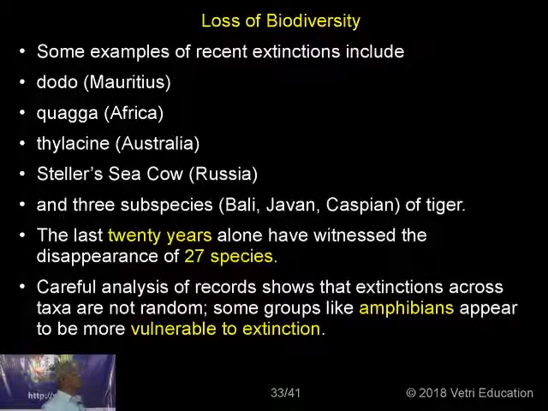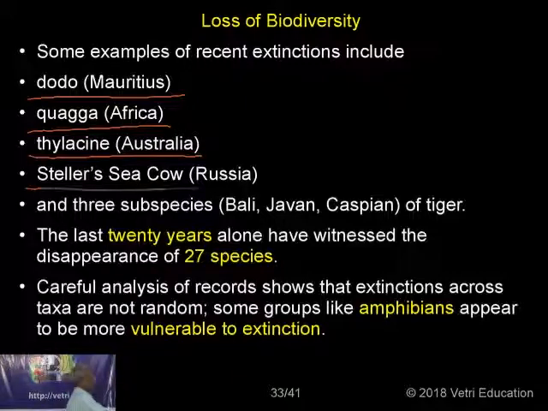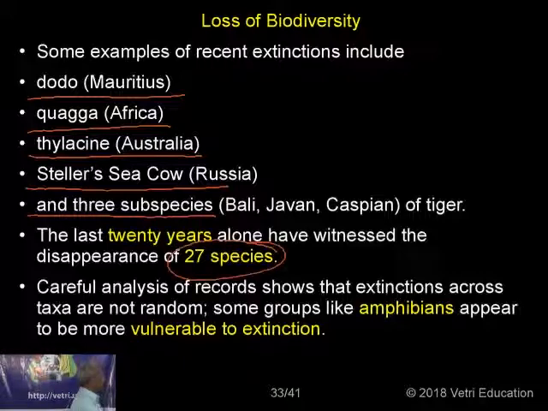Loss of biodiversity, the reasons are, some examples of recent extinctions include dodo from Mauritius Island, quagga from Africa, thylacine from Australia, Steller's sea cow from Russia, and 3 subspecies of tigers: Bali, Javan, Caspian. The last 20 years alone have witnessed the disappearance of 27 species.